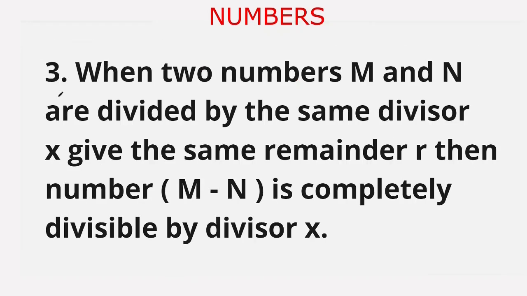Tip 3 for remainder. When two numbers m and n are divided by the same divisor x and give the same remainder r, then the number m minus n is completely divisible by divisor x. We will understand this by example.